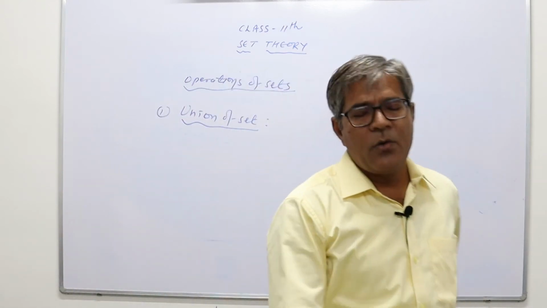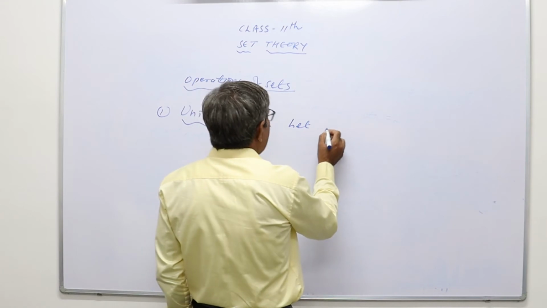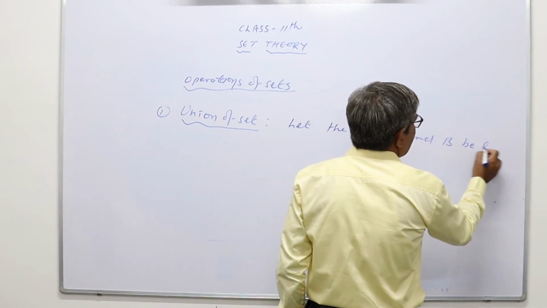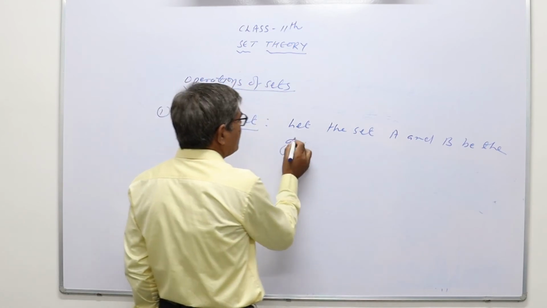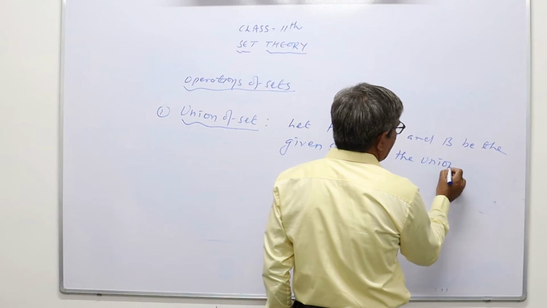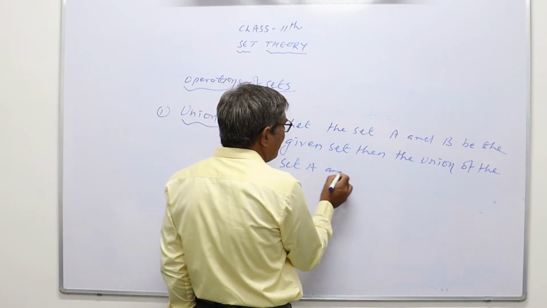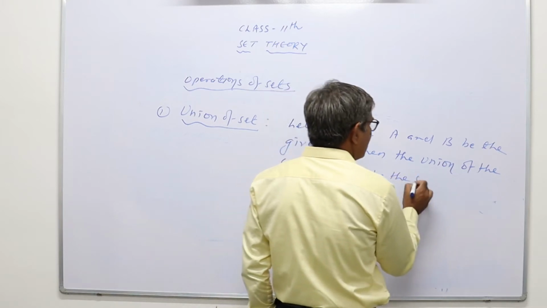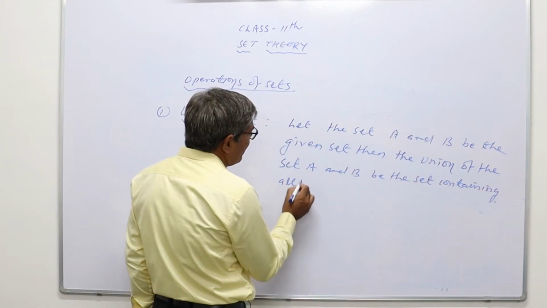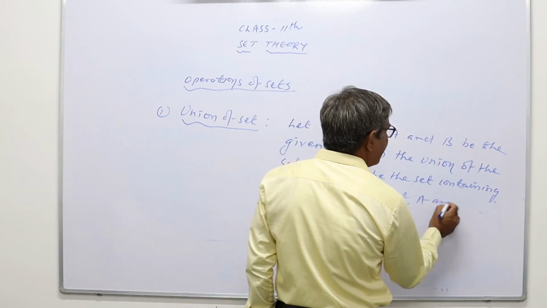If we have two given sets, let the sets A and B be the given sets, then the union of the sets A and B is the set containing all the elements of set A and set B.